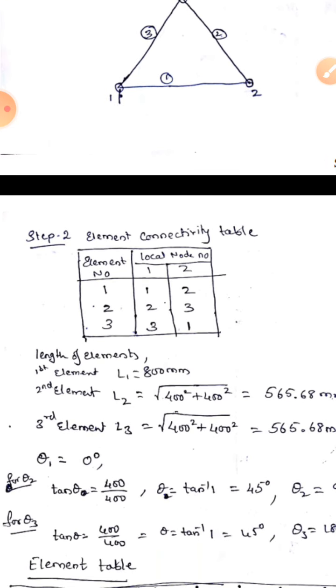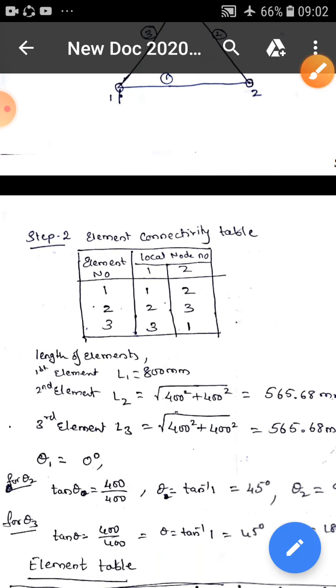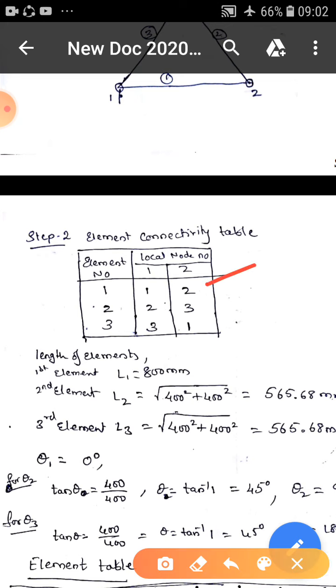Element connectivity table. Element 1 is connected between 1 and 2. Element 2 is connected between 2 and 3. Element 3 is connected between 3 and 1. Why I am writing this element connectivity table, I have explained in the previous problem also.